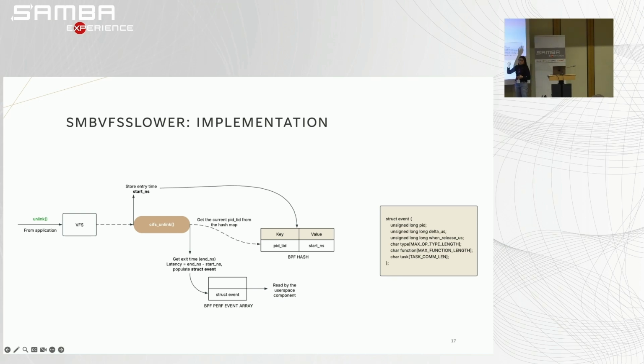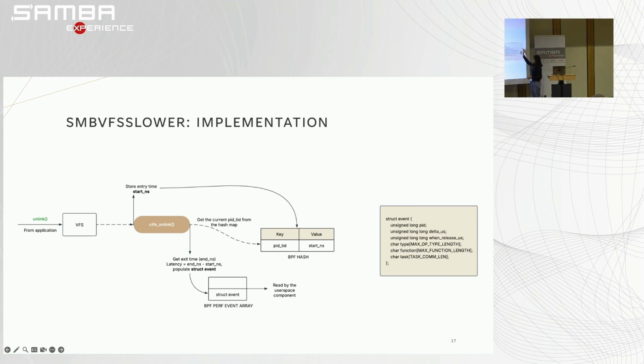You get the current process ID and thread ID, and you store the start time against this process and thread ID in a BPF hash map. As soon as you exit from that function, you poll the hash map again, get the start time, and since you're exiting, you have the end time as well, and that's how you calculate the latency, subtracting the start from the end time.